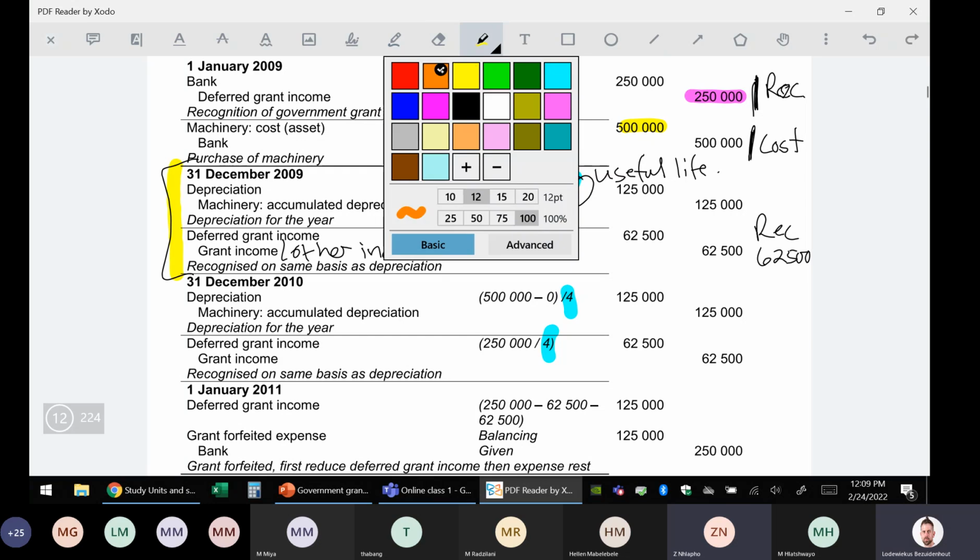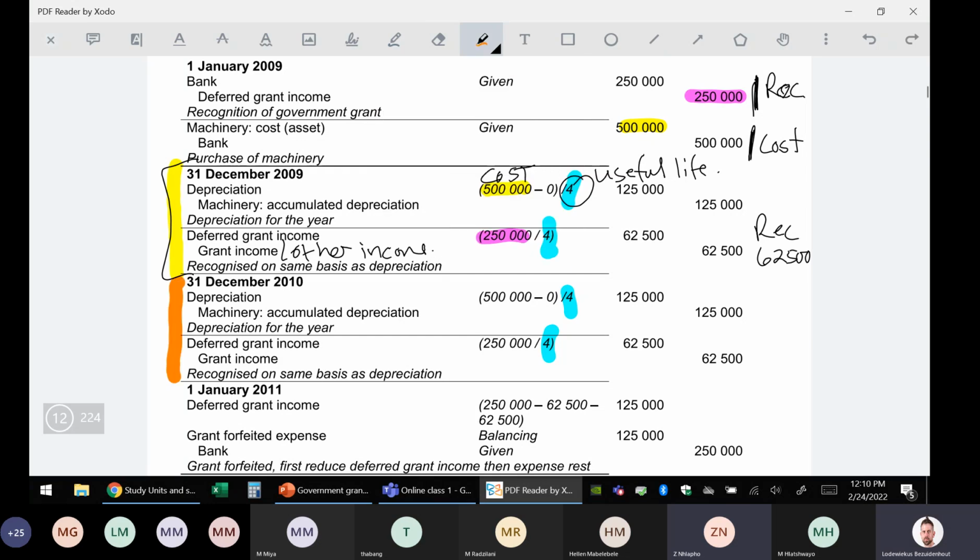Then we have the next financial year, and it is the same information. Depreciation, 125, credit accumulated depreciation. Debit deferred grant income with 62,500, credit the grant income or other income with the 62,500.